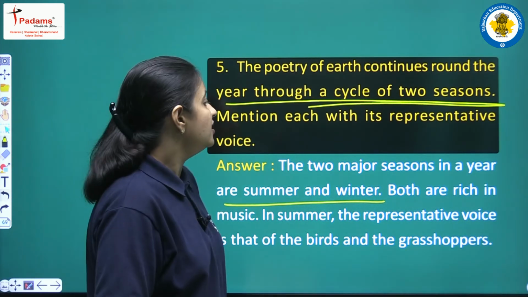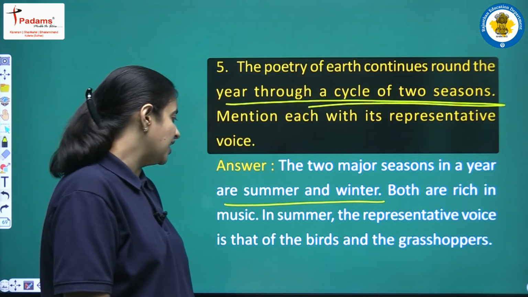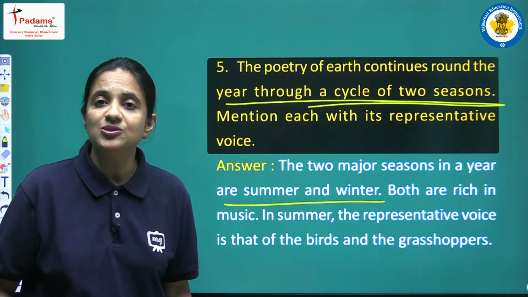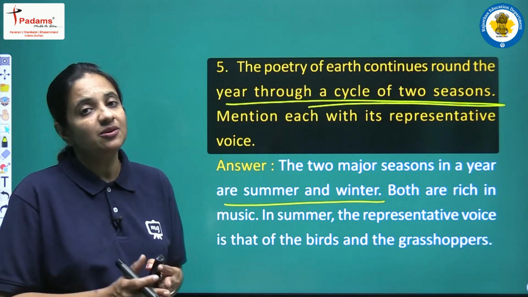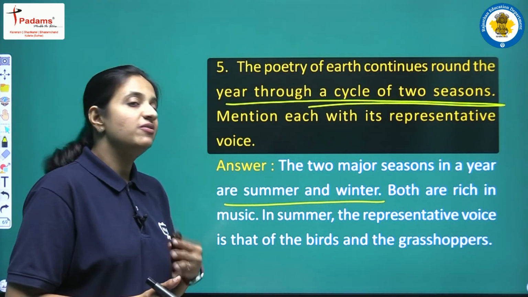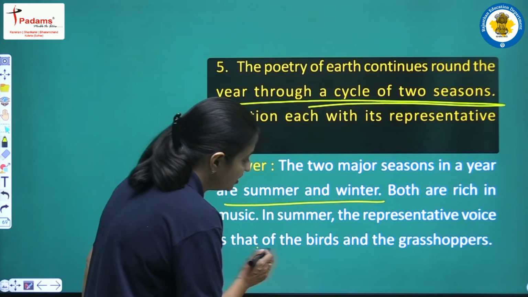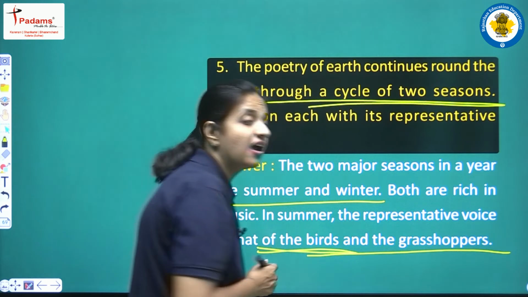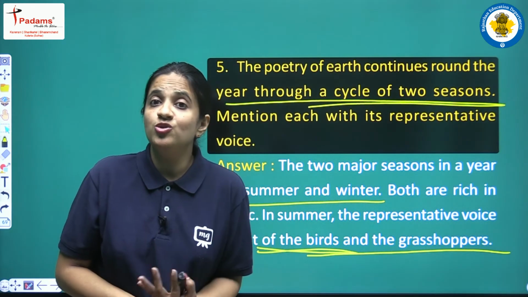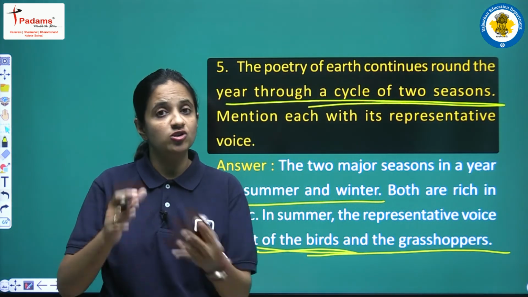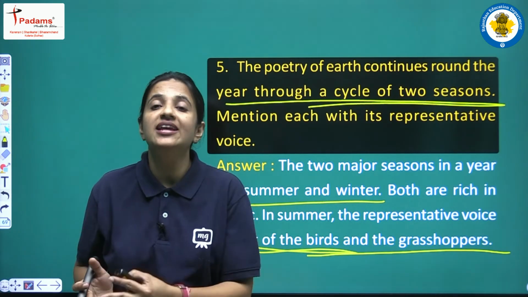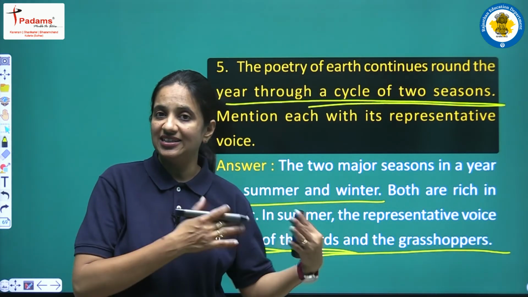In summer, the representative voice is that of the birds and the grasshoppers. So first of all we are talking about the summer season. In summer we have the representative voice of the birds and of the grasshoppers. Yes, the music of birds is there, and when the birds are very weak, very faint because of the heat, because of the hot sun, then the grasshopper is there to take the lead.